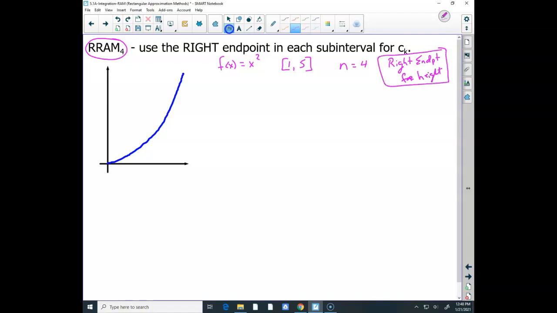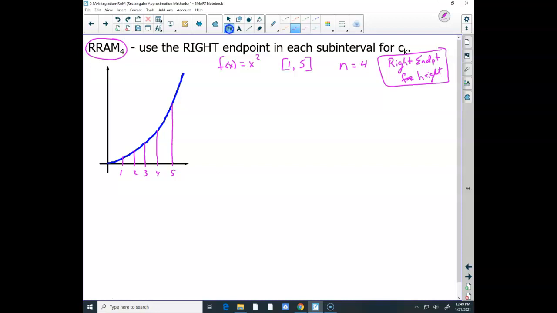That's what a right RAM means. So I got 1, 2, 3, 4, 5. So here's my intervals. And sorry I'm not to scale.